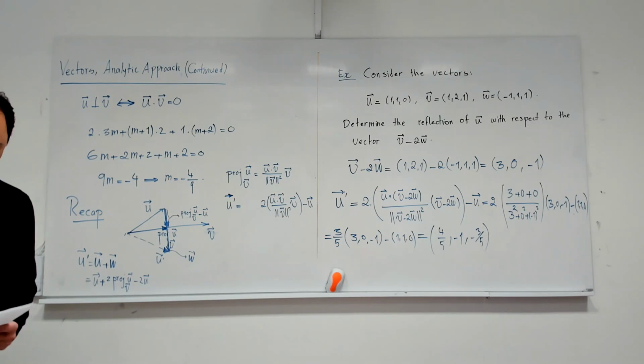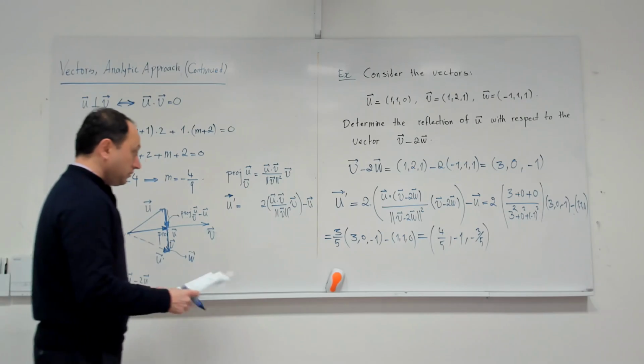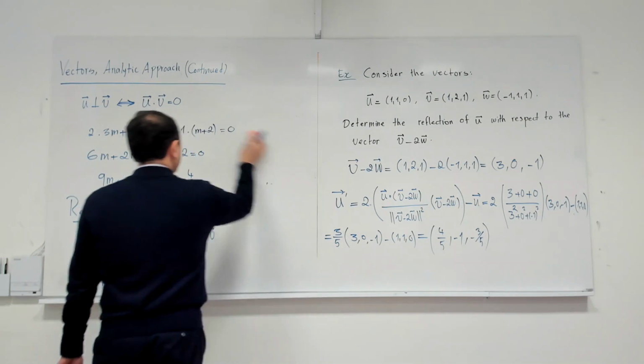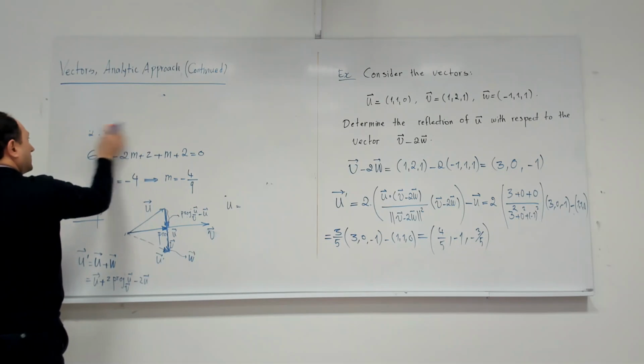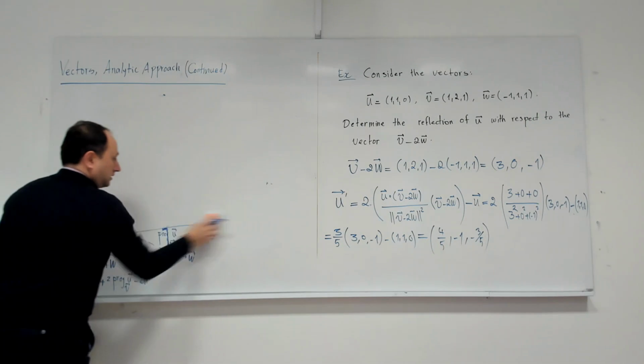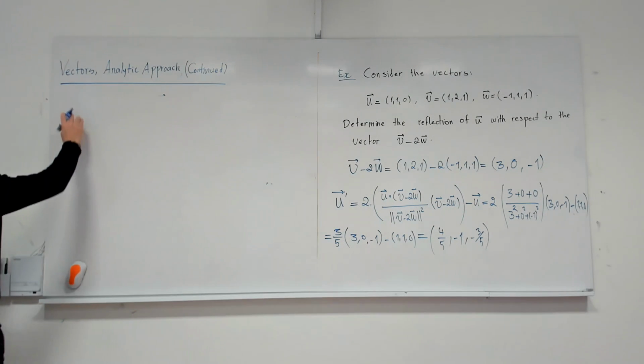Okay, now let me give you one question here. I'll solve it myself, then I will give you one question that you can start working on. It's simple, but I want you to do it. So, example.